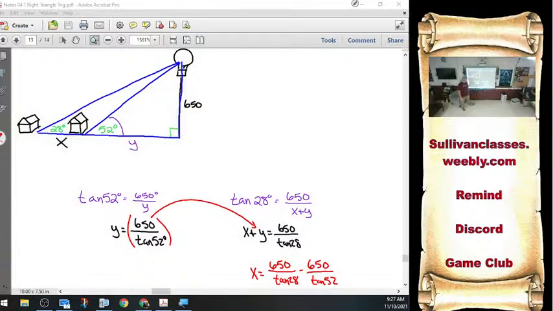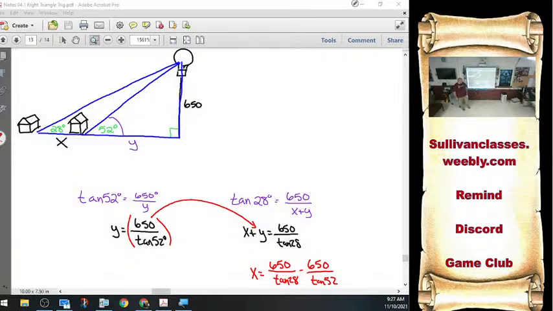Yes, law of sines. Without using the law of sines, it's a system. Systems have multiple ways to complete them. This is the fastest you're going to get right now.